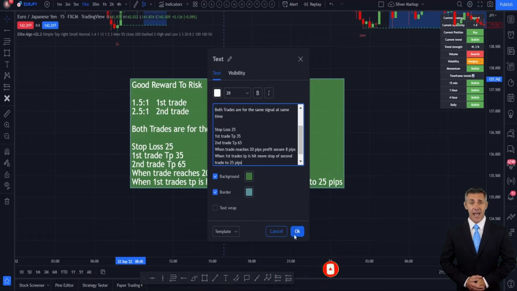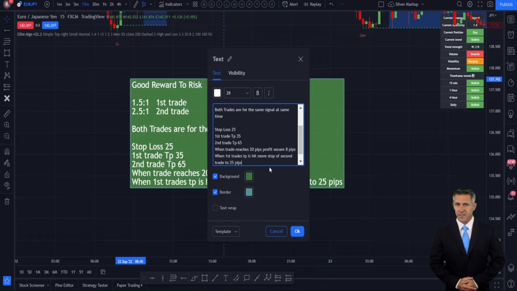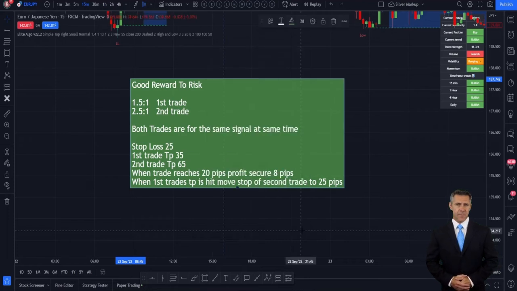So basically what happens with this is you have a 35 pip take profit on the first trade, and then you secure 25 pips. So the minimum pips you gain when you hit TP1 is 60 pips. So that's really a 2 to 1 opportunity just from that risk management. That's what helps you win.